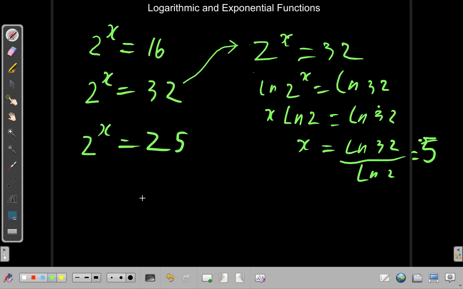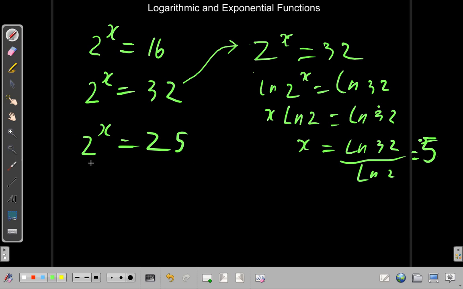But anyway, when it comes to the 2 to the x equal 25, it's not so easy and not so quick trying to equate both sides using indices. So don't even bother to try that. Just go straight for logarithms.